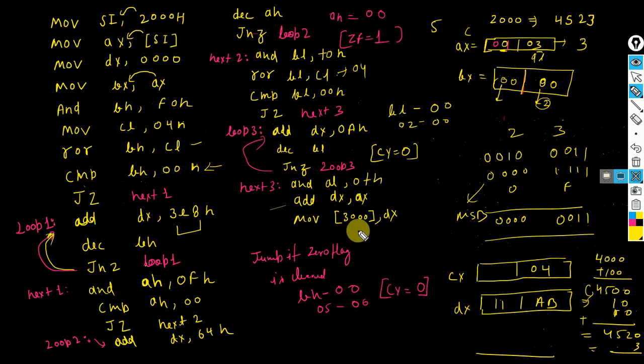Okay, and after the execution of this instruction, in the 3000 memory location we get the answer 11AB. After that write down HLT for the end of the program.